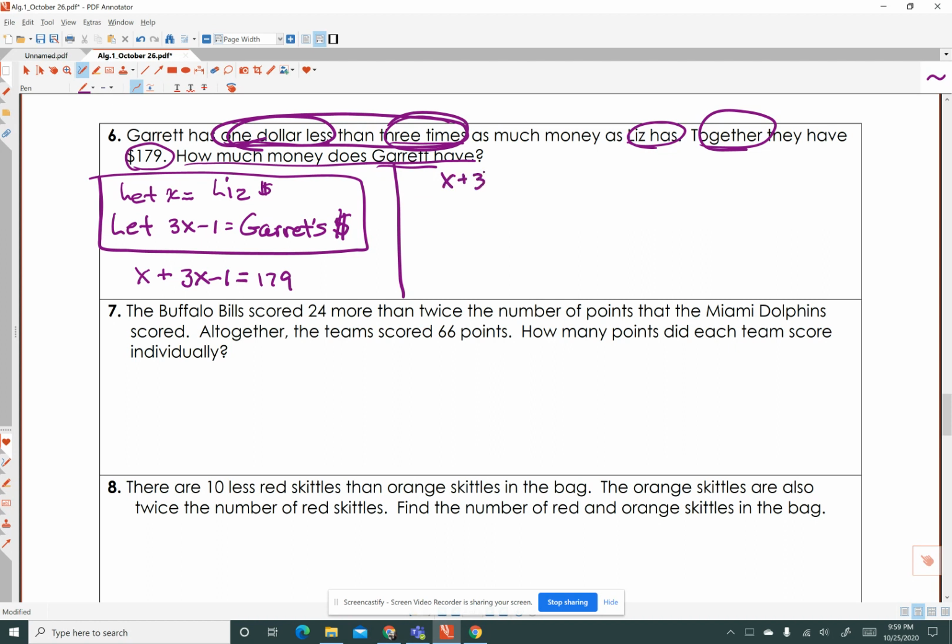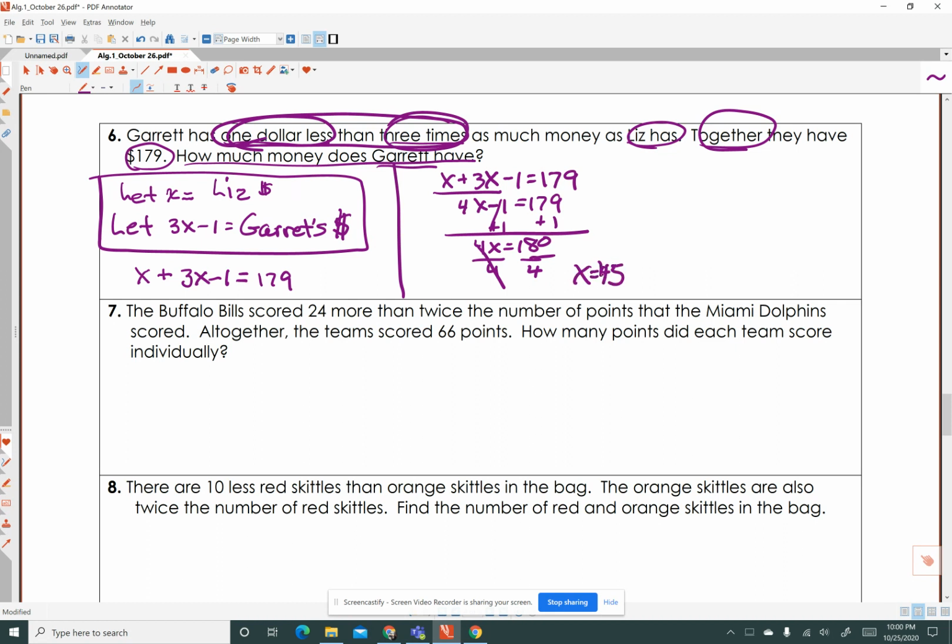So let's put that over here and solve it. x plus 3x minus 1 equals 179. Combining like terms, 4x minus 1 equals 179. Add 1 to both sides of our equation. 4x equals 180. Divide both sides of the equation by 4, and x equals 45.